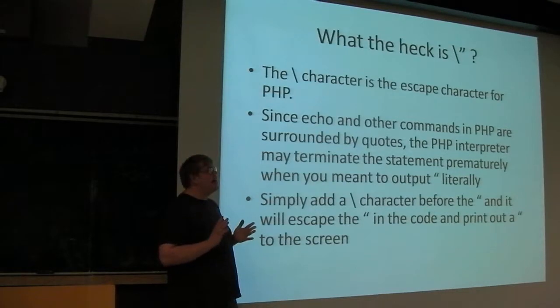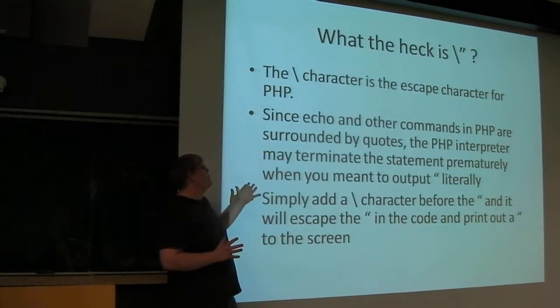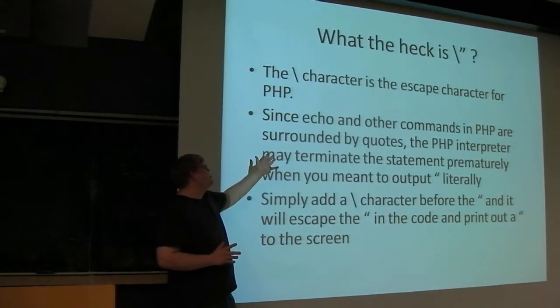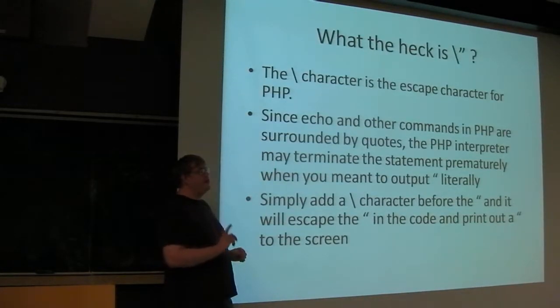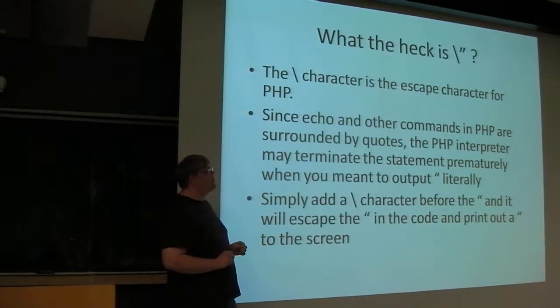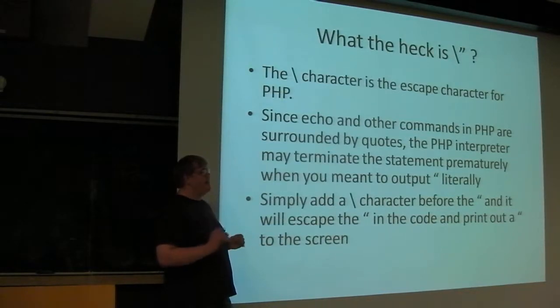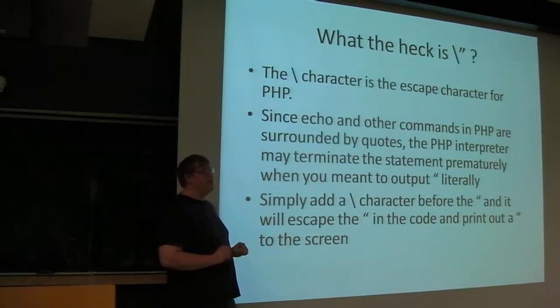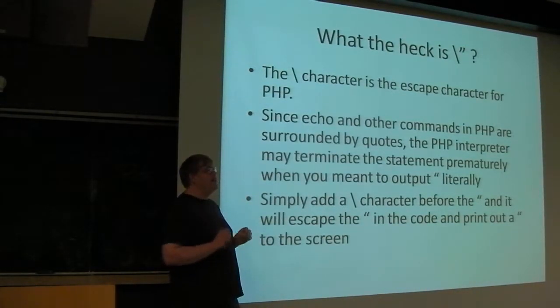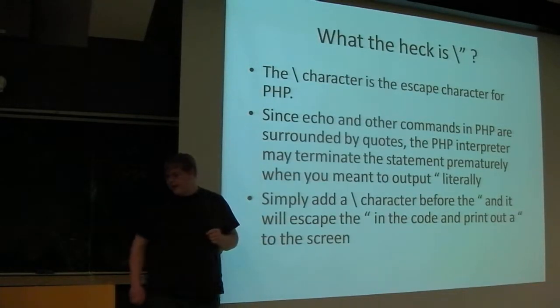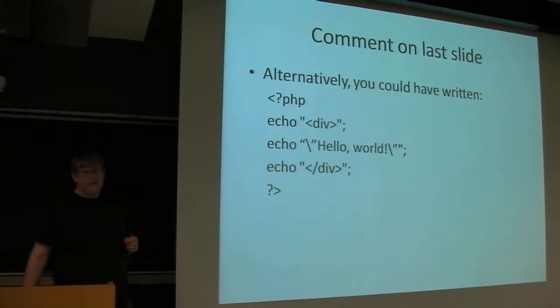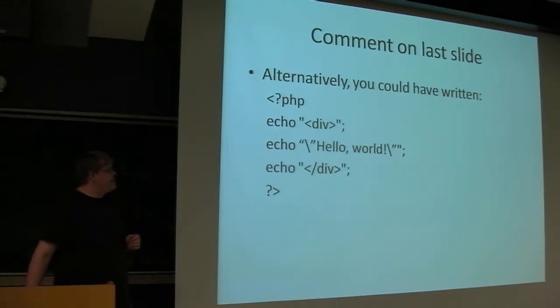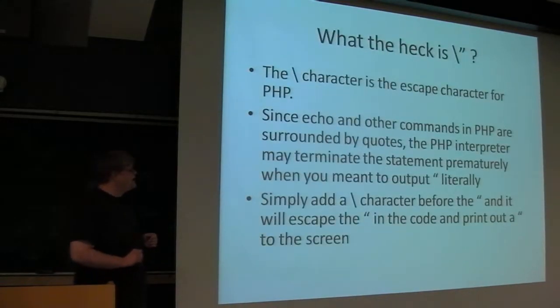So if we wanted to echo out a literal quote, what we're going to do is put the backslash character in front of it, and that escapes the next character so that it gets printed out to the page literally. So you would have hello world in the previous example with two quotes around it when it's printed out to the page. So that's what that is, basically.